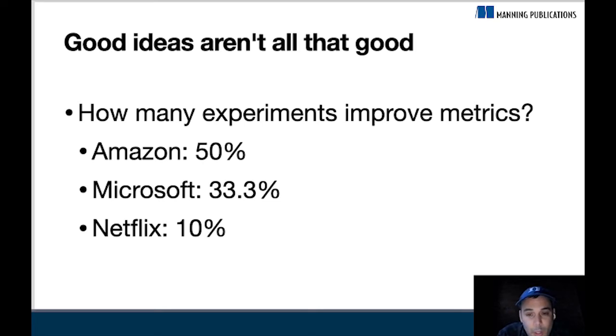So why is it that these good ideas don't test well? It's not because the people who are coming up with them don't know what they're doing. These are top companies, Amazon, Microsoft, Netflix. The engineers are smart people who know their products, but they're working on very complex systems. Complex in the sense of the software, the networking, and the people with whom these systems interact.